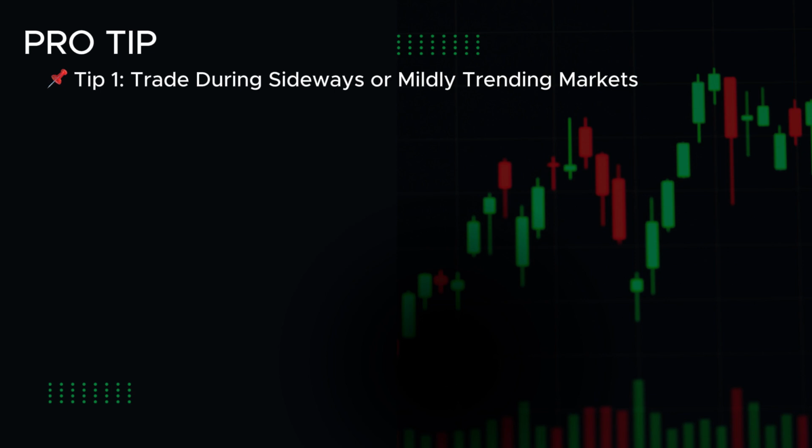Avoid strong trends or high volatility sessions, especially during major news events. Those conditions can easily throw your signals off. Tip 2. Focus on the Asian session. If you're scalping, the Asian trading session offers ideal conditions, lower volatility, and more range-bound movement. That means more reliable reversals and fewer fakeouts.